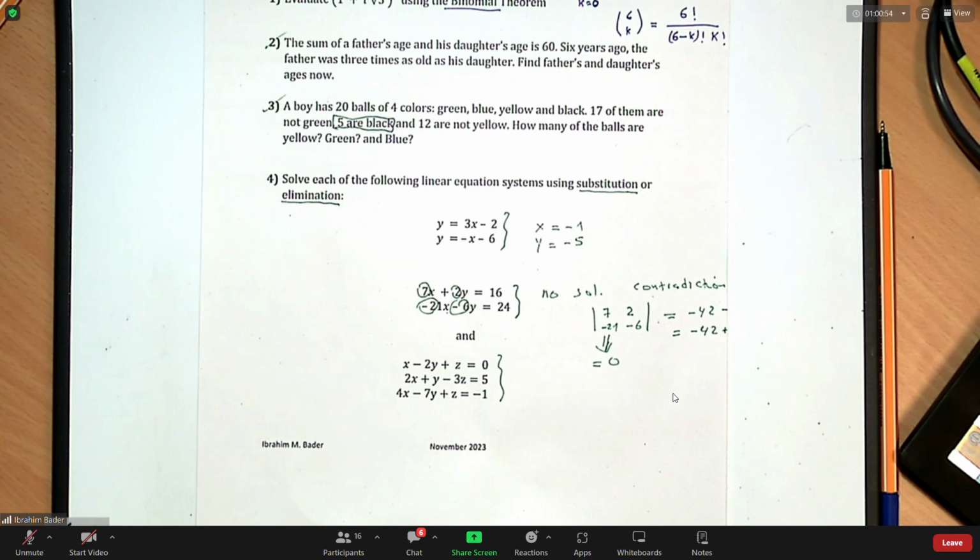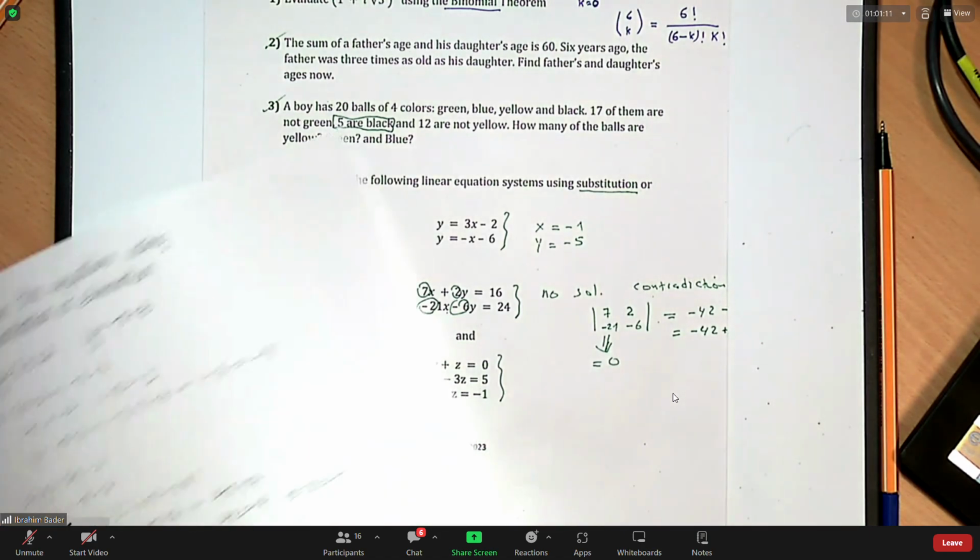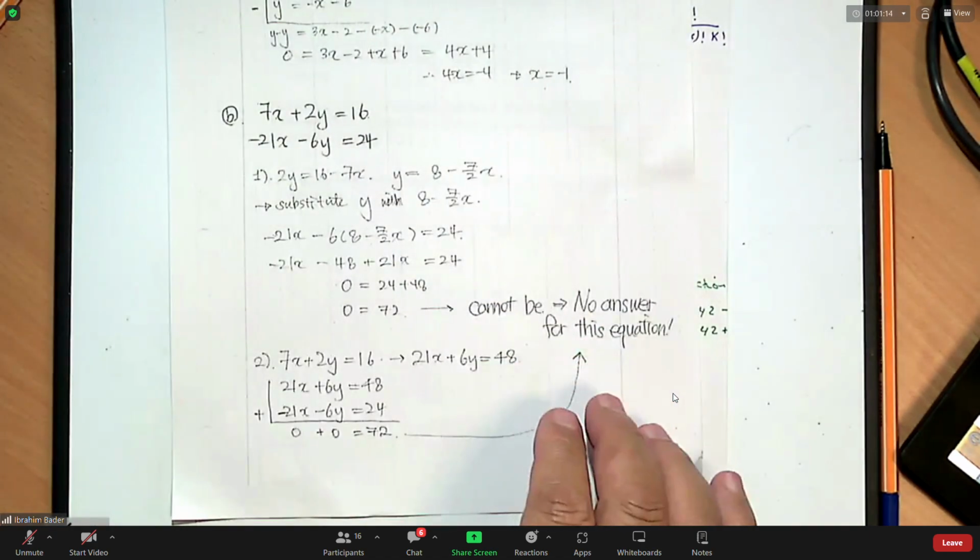If you want to see the answer of this one, I should have it here somewhere. Okay, here, for instance, I can show you this answer.